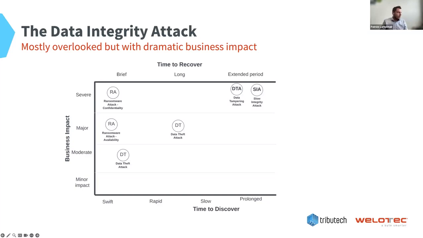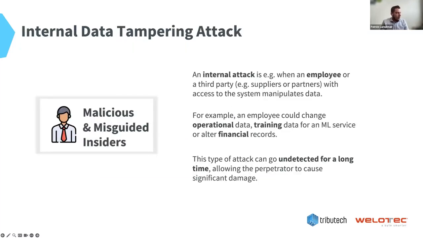When we talk about attack vectors, there are two different angles you can look at. On the one side, you have potentially insiders that can attack your data integrity. Employees or contractors, like third parties or suppliers, that have access to your system can access your database and your network infrastructure, and they can potentially also tamper with your data.